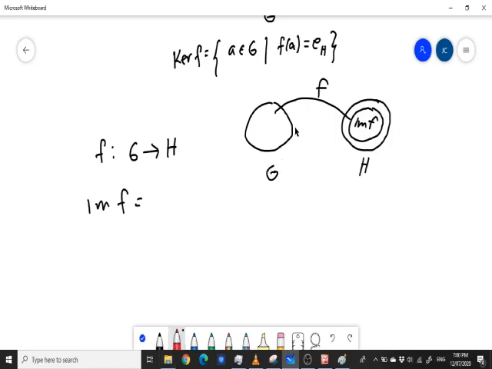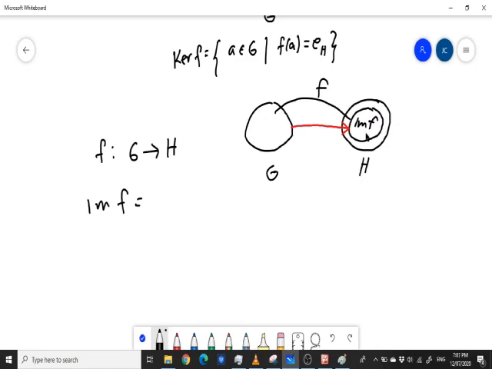So, ito lahat. Collect mo lahat ng elements dito sa G. Saan sila mapped sa H. So, collect mo lahat yun. Yun yung tawag na the image of F. So, ano yung definition niya? So, basically, yung image of F ay yung mga elements ng H na merong nagmamap na elements sa G sa kanya.